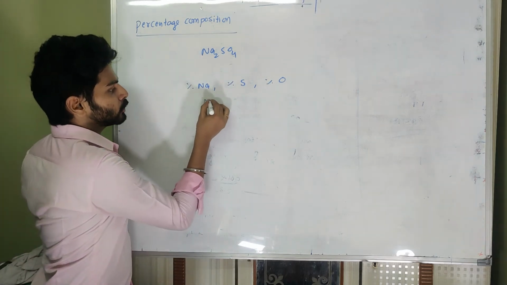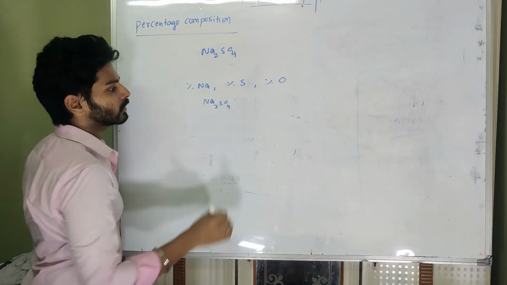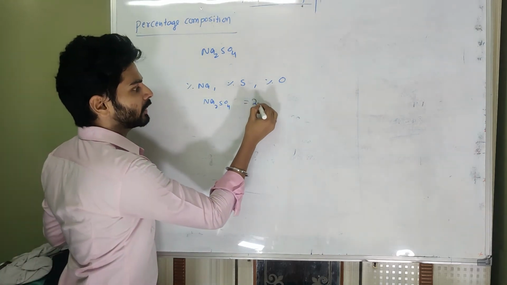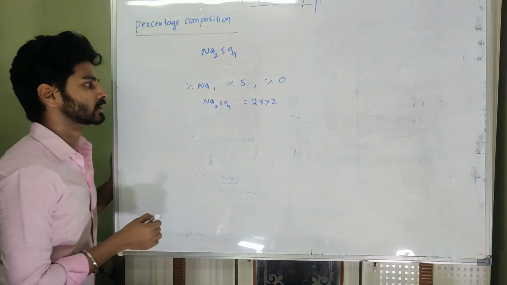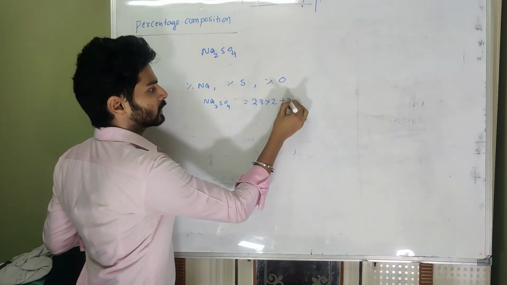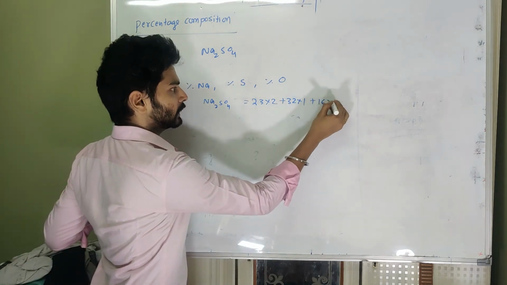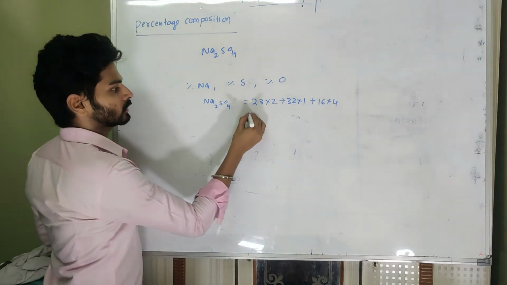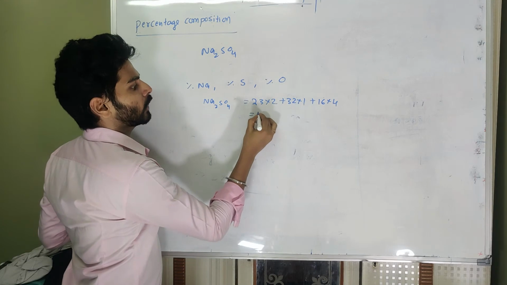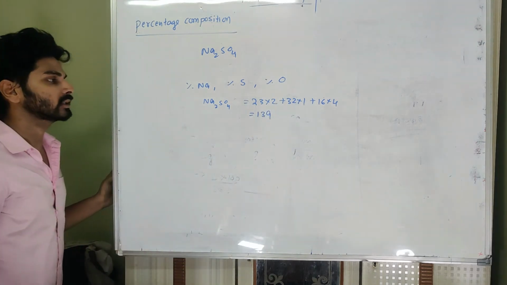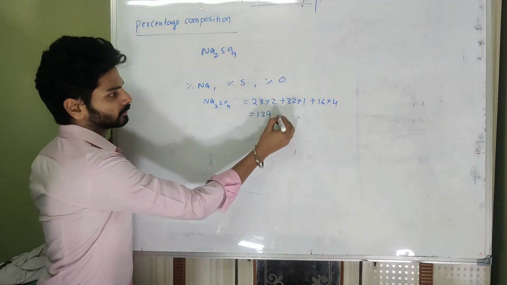For that, first we have to calculate the molecular mass. So 23 into 2, that is the contribution of sodium, plus 32, there is only 1 sulfur, plus 16 into 4. So this is 142. 142 gram is the total mass.